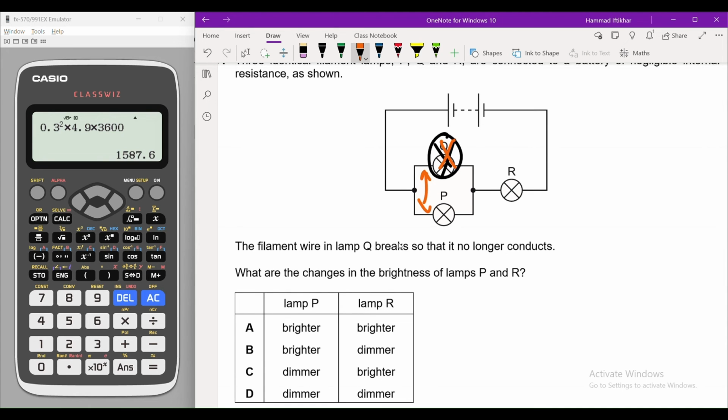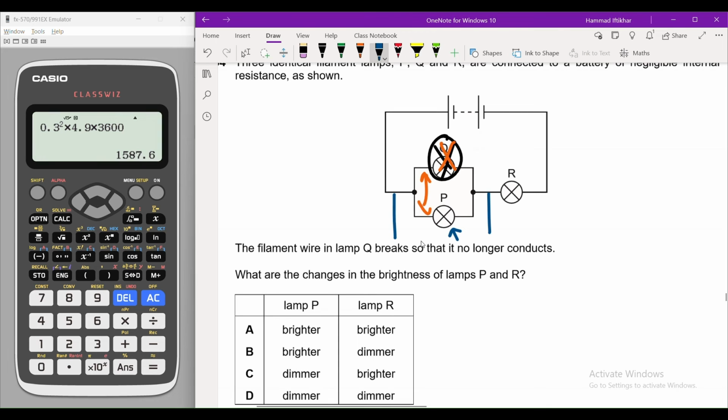So when this is gone, the total effective resistance will increase slightly. Since the current is going to decrease, lamp P will be dimmer or brighter accordingly, and since the potential difference across this combination has increased, the potential difference across R would simultaneously decrease. So dim.